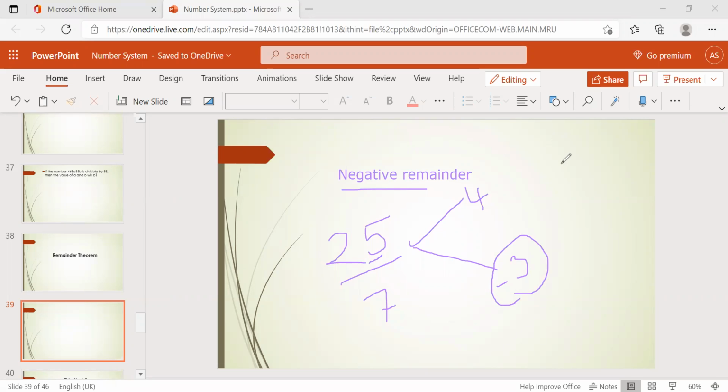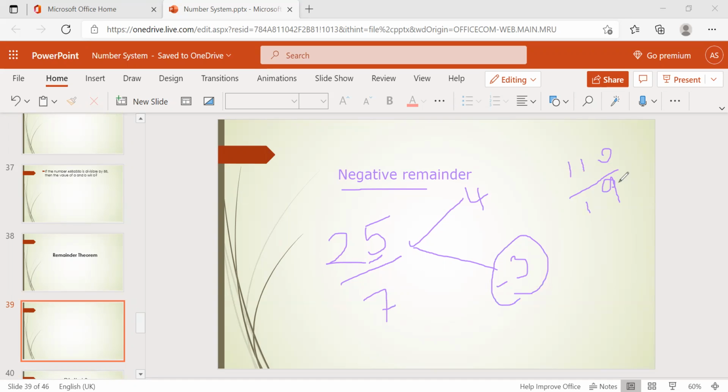Suppose 10 by 19, right? So what's the nearby value here?